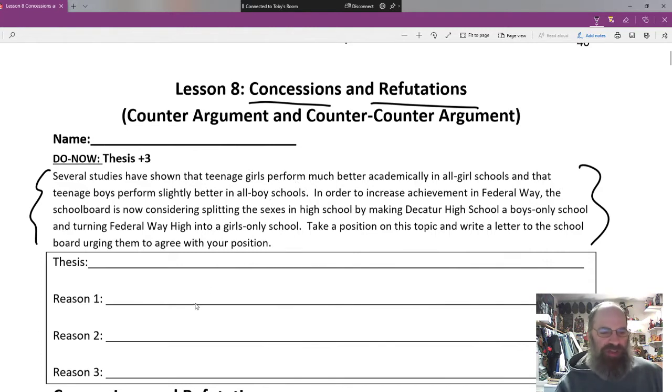So your first step is to take a position. Start with your argument. So this is a good idea, this is not a good idea, and then three reasons why.